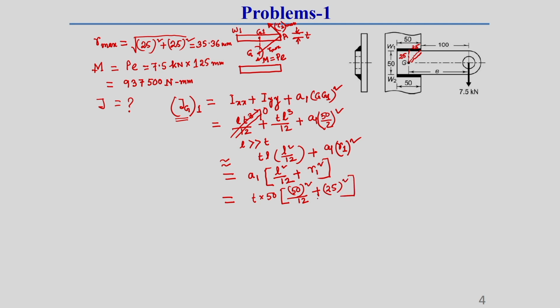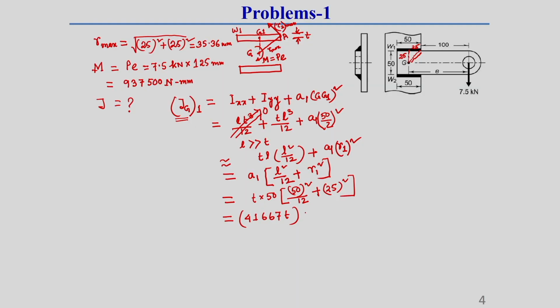So, by this we get Jg1 equal to 41667 T. Now, its unit will be what? Here you can see its unit will be T into L cube, means 4 power of length. So, here it will be millimeter to the power 4.